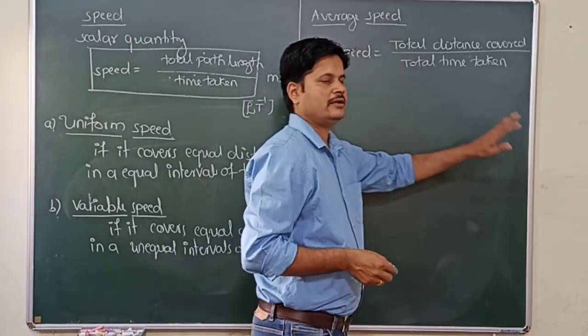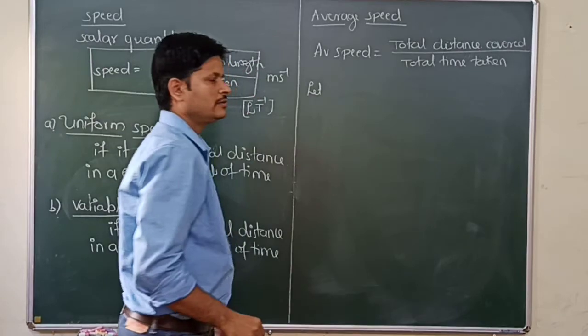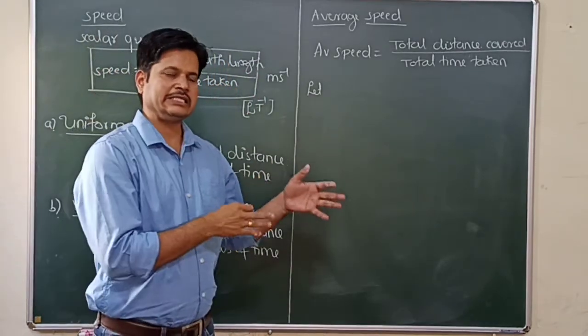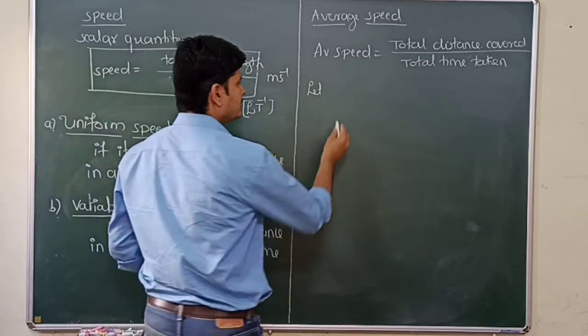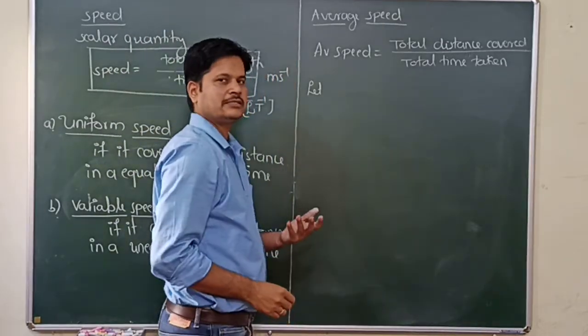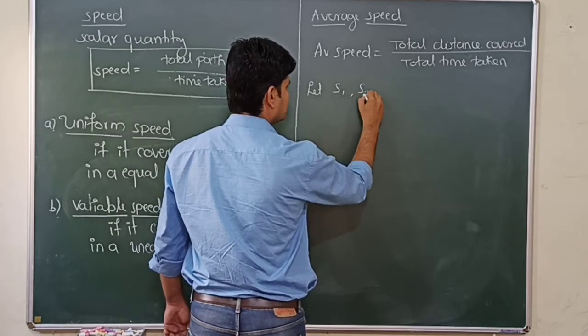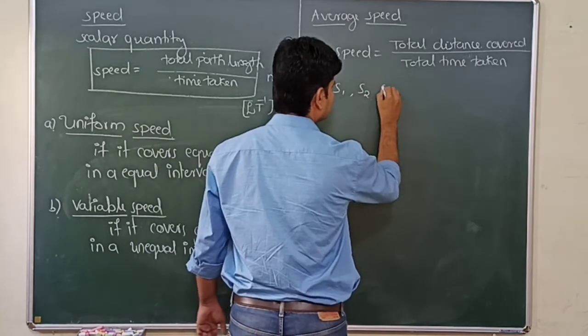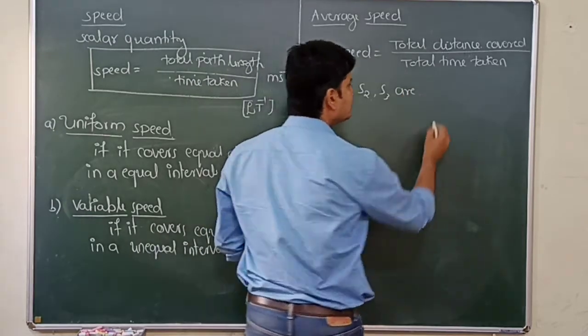Now see, let a different distance be traveled with different speeds, right? I will represent those distances as S1, S2, S3.